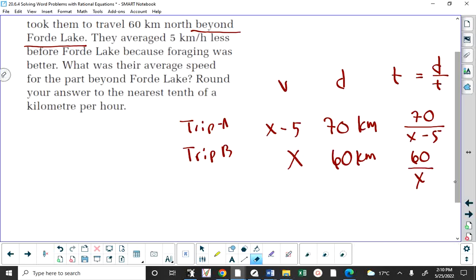I have kilometers for distance, and that means I need kilometers per hour for speed, and it's correct.